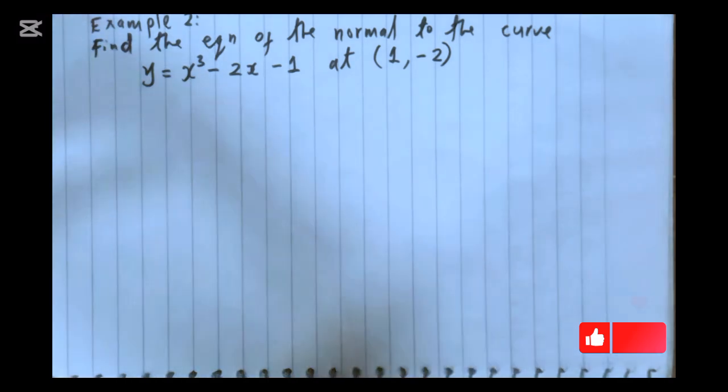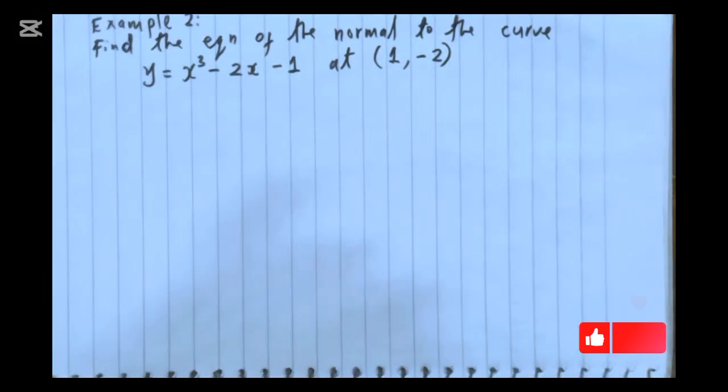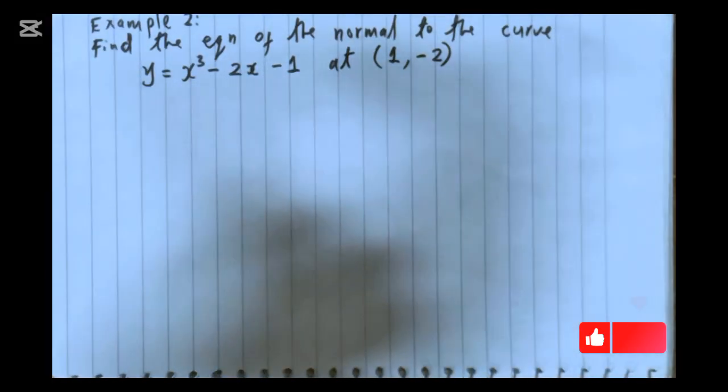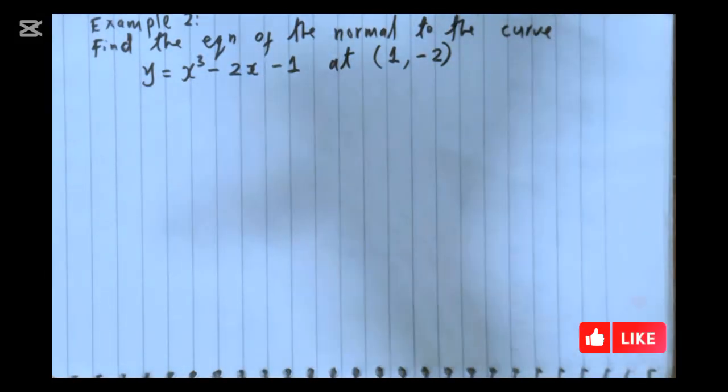So a normal to a curve and the tangent line are perpendicular to each other. And what we know about perpendicular lines is that whenever lines are perpendicular, the product of their gradients is always equal to -1.